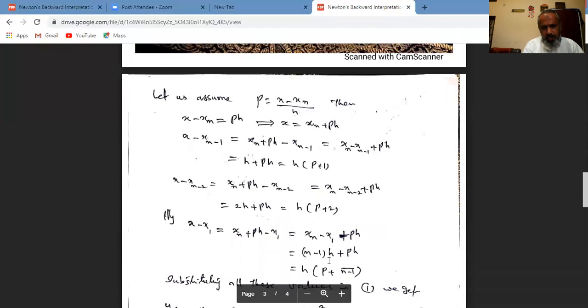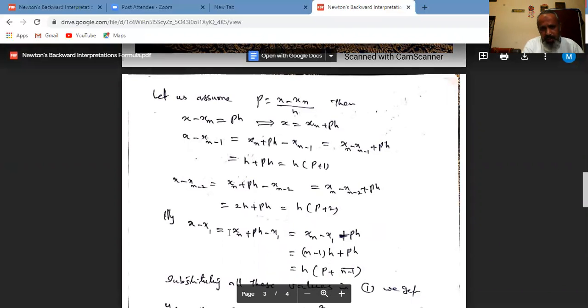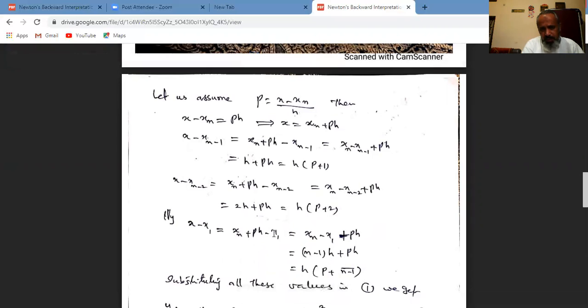Similarly, by substituting, x minus x1 value will be x, which is xn plus ph, minus x1, that is xn minus x1 plus ph. xn minus x1 is the difference of n minus 1 values. So it is (n minus 1) into h plus ph, h common, p plus n minus 1.